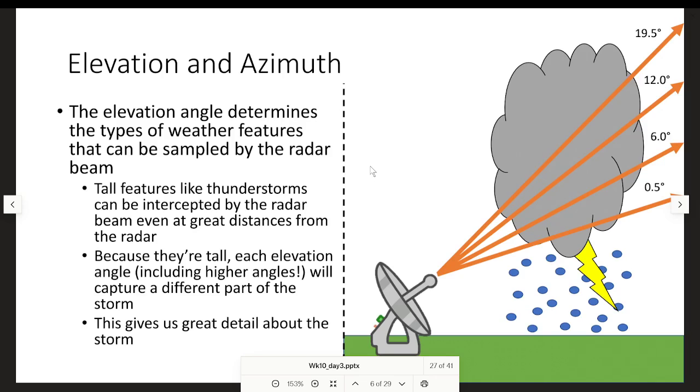The elevation angle determines the types of weather features that can be sampled by the radar beam. So tall features like thunderstorms can be intercepted by the radar beam, even at great distances from the radar. Because they're tall, each elevation angle, including higher angles, will capture a different part of the storm. So this gives us great detail about the storm.